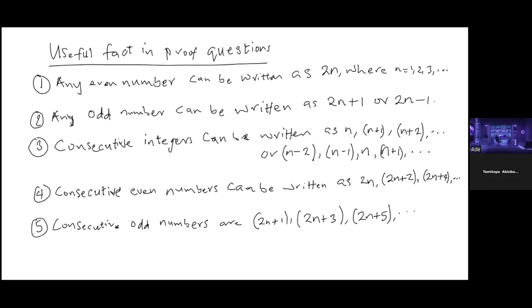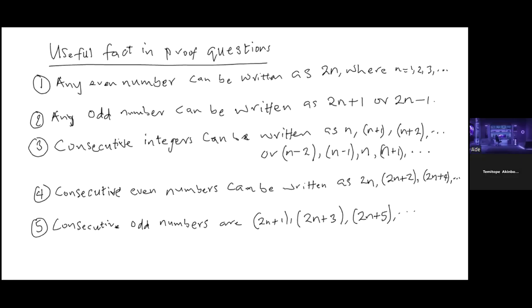Don't forget, 1 is odd. Odd numbers are numbers that are not divisible by 2. So if 1 is odd and 2n is even, that means we are using the fact that even plus odd is odd. Is that clear? Even number plus odd number is odd number.